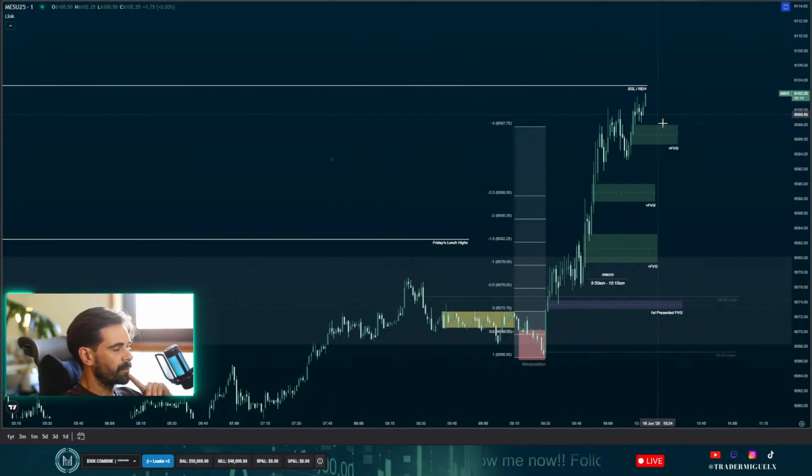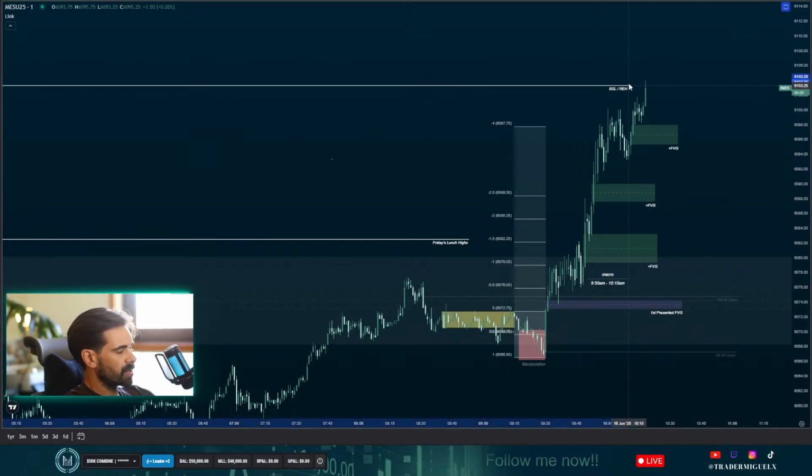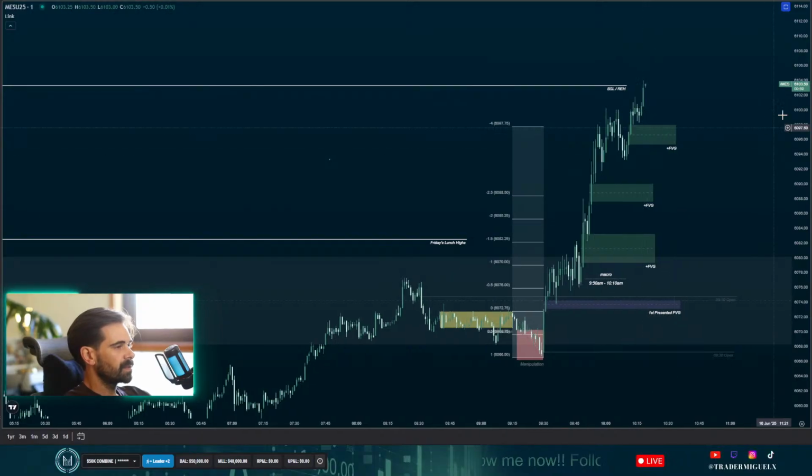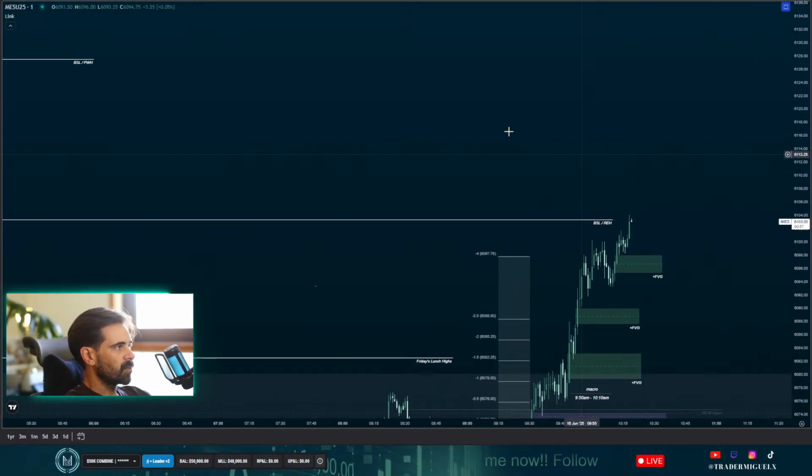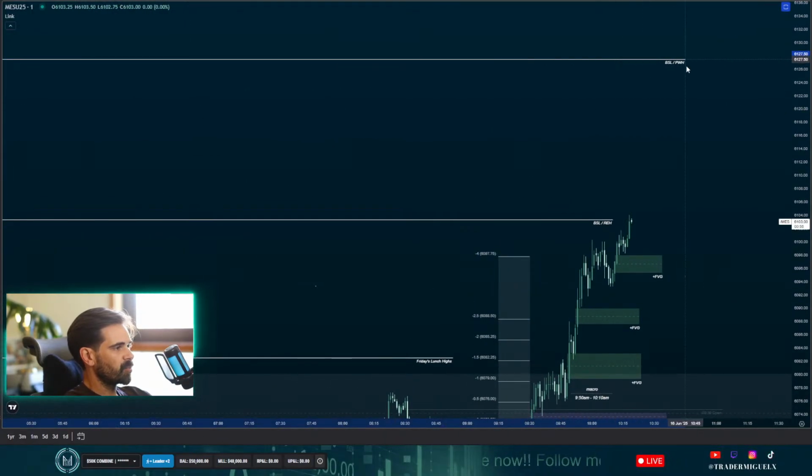Yeah, there we go. Reaching for buy side liquidity here. So the draws that we had here, they are reached. We still have some more. We still have previous week high.